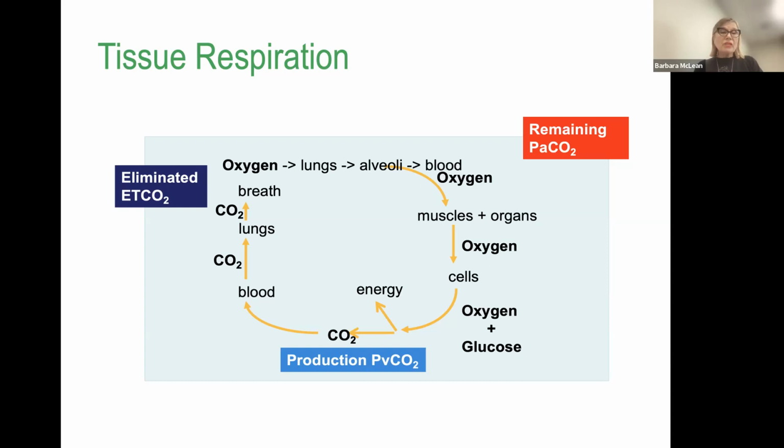The best thing I can say to you, just in a really simple format, is when you're monitoring CO2, arterial CO2 and end-tidal CO2 should always travel in the same direction.